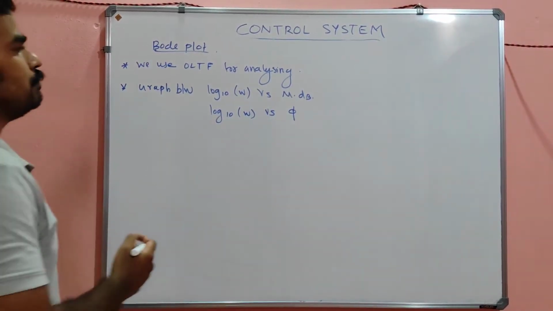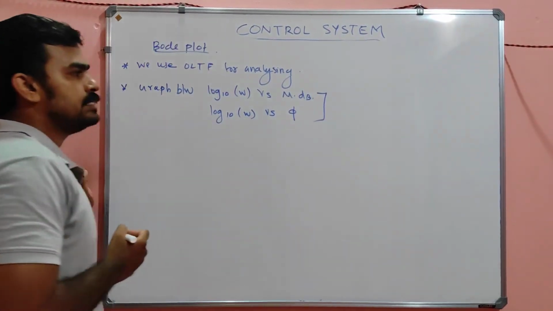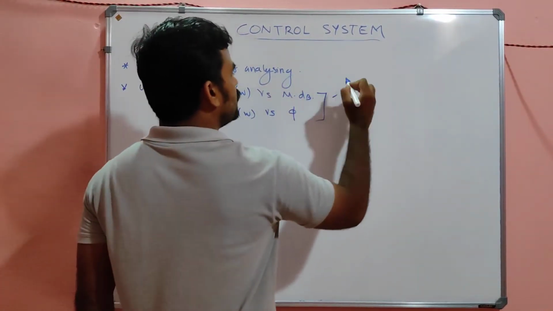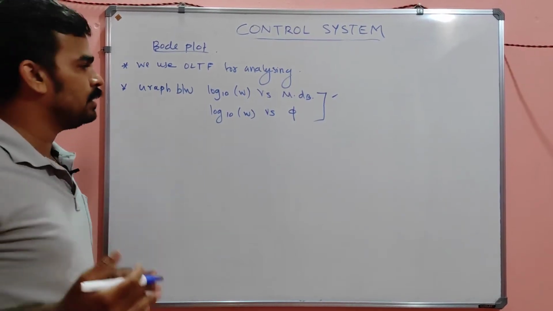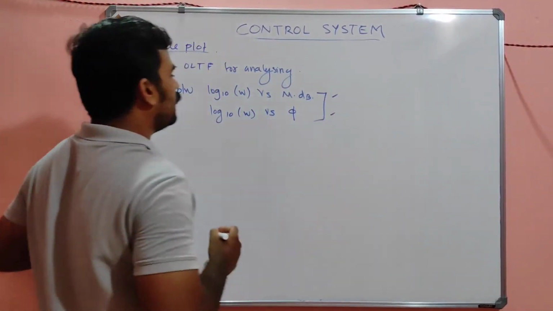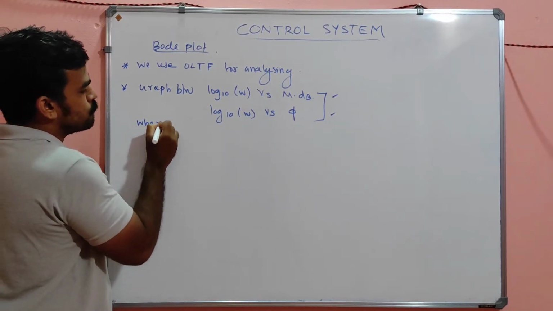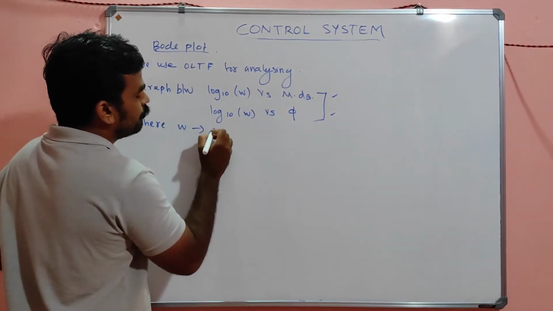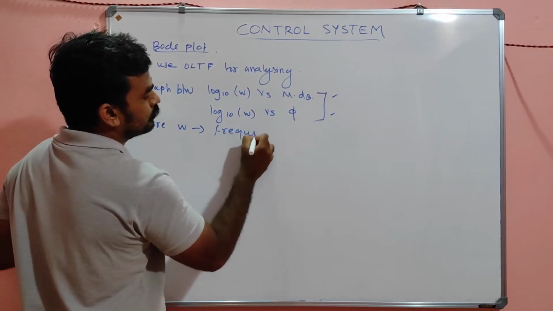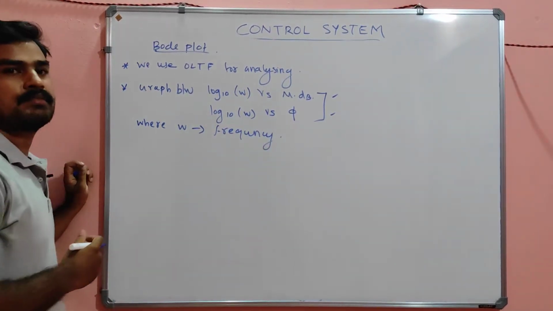So it is a graph between these, where omega is nothing but, my dear, frequency.